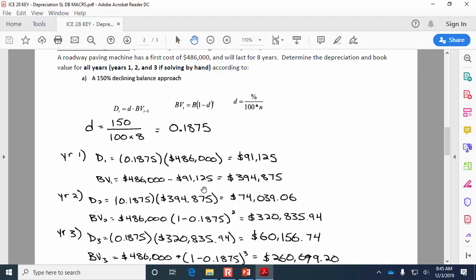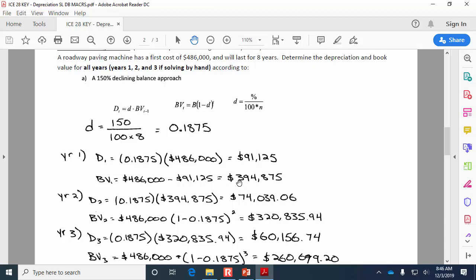And I've demonstrated 2 different ways to calculate the book value. I'm showing that you can use 1 minus the depreciation factor to the power of whatever year it's in. So for instance, during year 2, we could have calculated this book value by having the previous year's book value minus that year's depreciation.